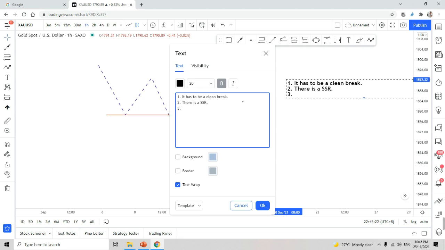Then the third one is that at the break, there is a zone. I'll say S and D zone. All right, S and D zone. So it's easy to find. All right. So with these three rules over here, or maybe there's some number 4, maybe an MPL. Okay, a lot of people do not know what MPL is.